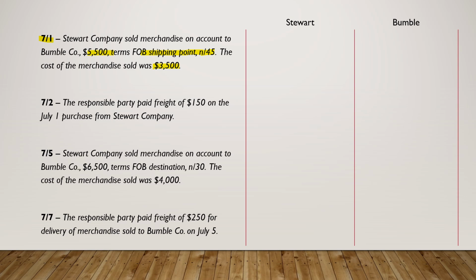For Stewart, the seller, first recognize the revenue with a debit to AR and a credit to sales for $5,500. Next, debit cost of merchandise sold and credit merchandise inventory to remove the inventory from the books. On the buyer's side, record the credit purchase with a debit to merchandise inventory and a credit to accounts payable.